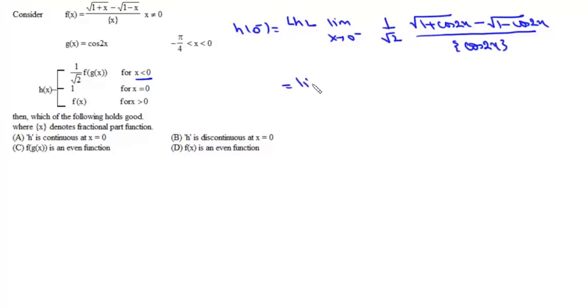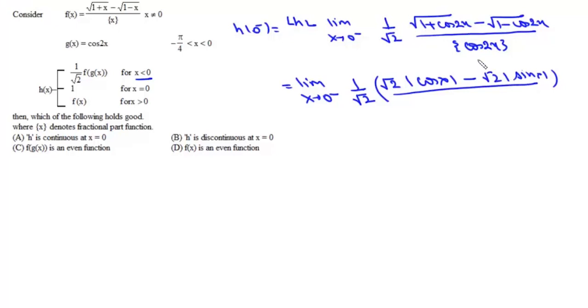Now this is limit x tends to 0 negative 1 by root 2. Now this is 2 cos square theta minus 1, so it will be this root 2 and then mod cos x and then minus, and this is root 2 mod sin x upon fractional part of cos 2x.